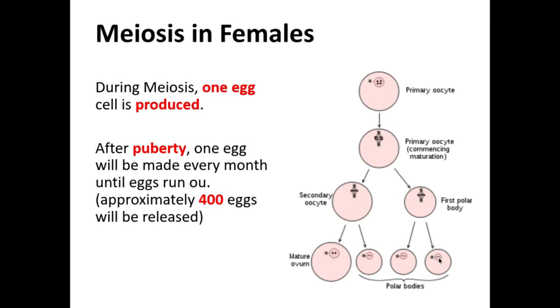One way you can think of it is this egg needs to have everything that baby is going to use when it's conceived to get it through the first couple days. So it needs to be a lot bigger, and it has to have all the stuff for that baby to survive. After puberty, one egg will be made every month until the eggs run out. This will be approximately 400 eggs in the lifetime of a female.